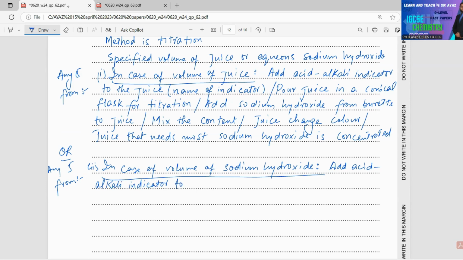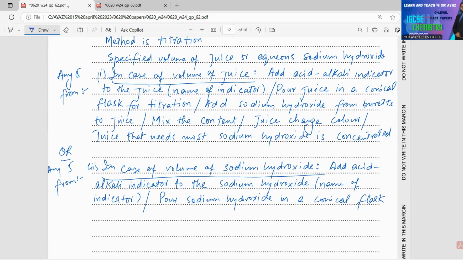Add indicator to the sodium hydroxide. Name of indicator. Sodium hydroxide in a conical flask for titration.